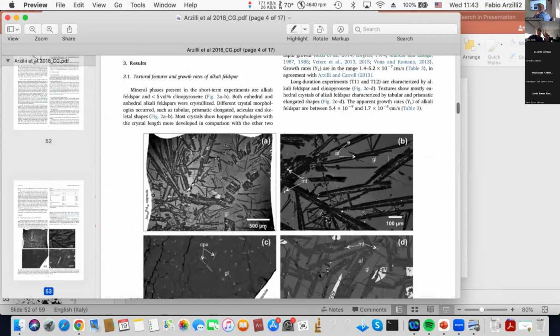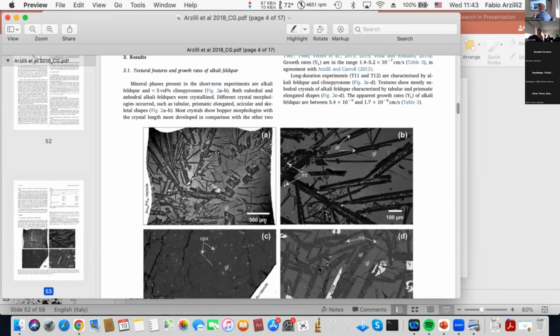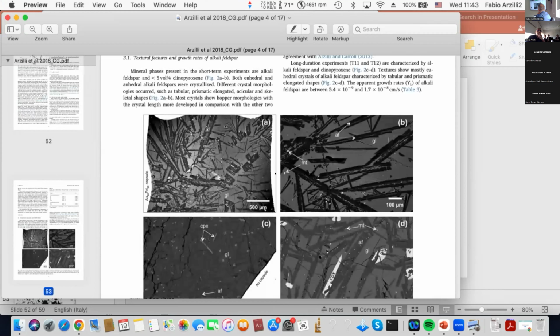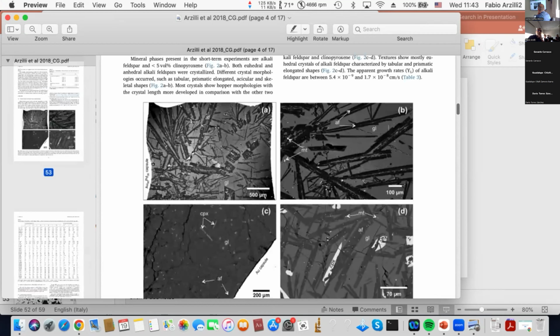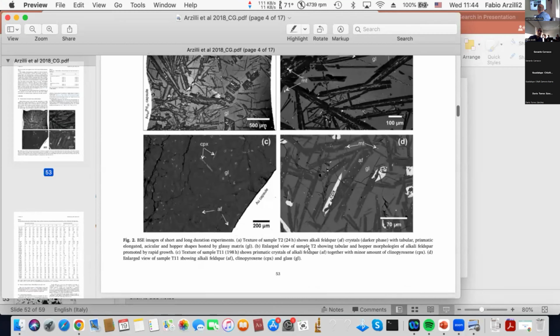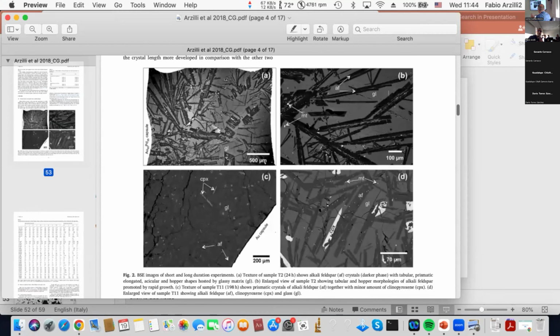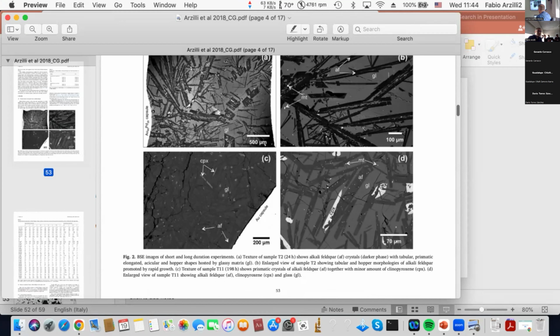These are the alkali feldspar that I produced, and I analyzed and measured trace elements between the crystals and the melt, for short duration experiments, like 2 days, and long duration experiments, which if I remember correctly are around 1 week, 10 days, something like this. So you have the same crystals, but the distribution of the trace elements is completely different.